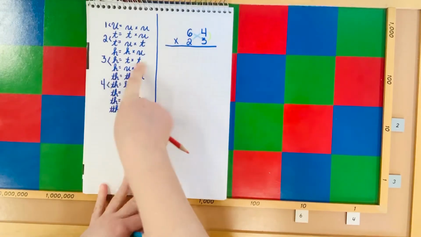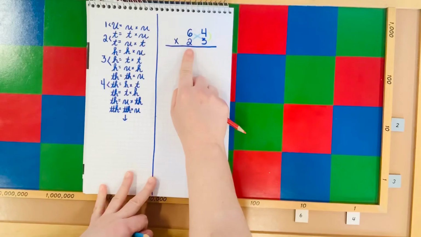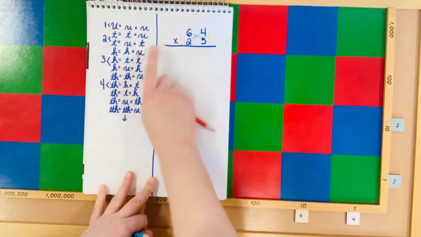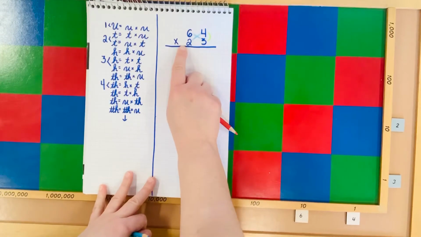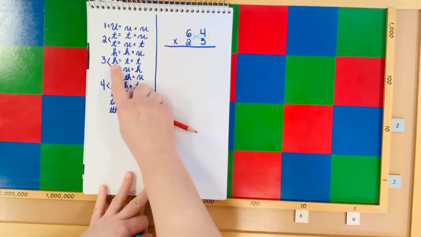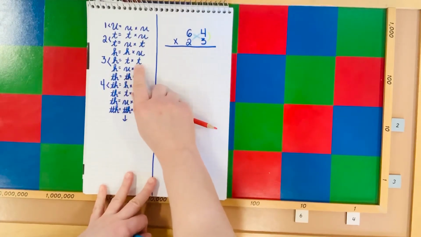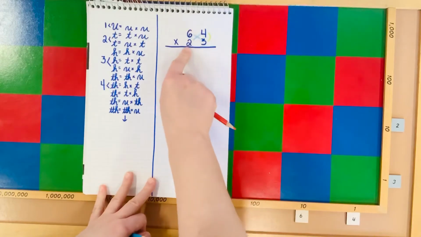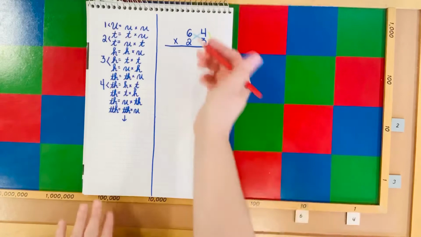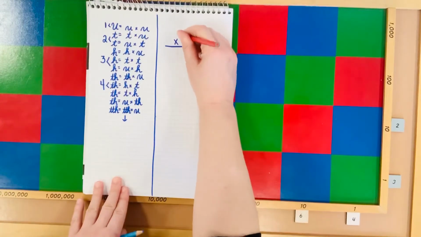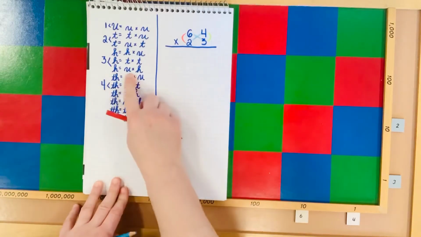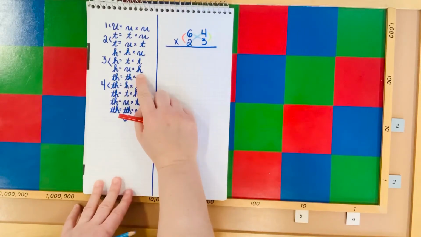Let's see if any of these go with our problem. Well, hundreds times units. We don't have hundreds in our problem, so that one's not going to work. How about this one? Tens times tens. Oh, we have 2 tens here. And look, tens times tens. Yes, there's one way to find hundreds. And how about the last one? Units times hundreds. Oh, there we go again.